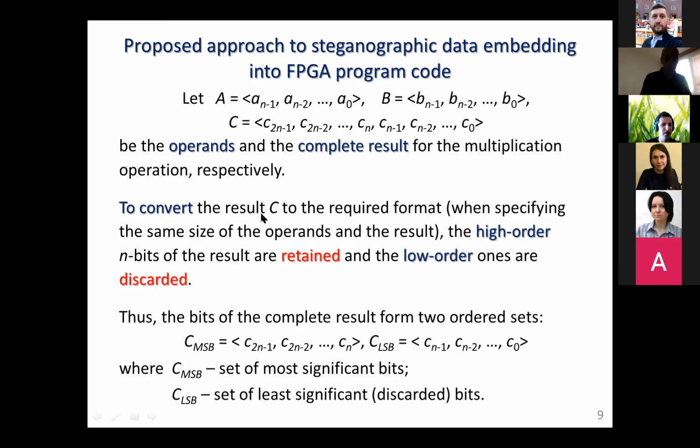To convert the result C to the required format, the high-ordered n bits of the result are retained and the low-ordered bits are discarded. These bits of the complete result form a two-part set: most significant bits and least significant, discarded bits.